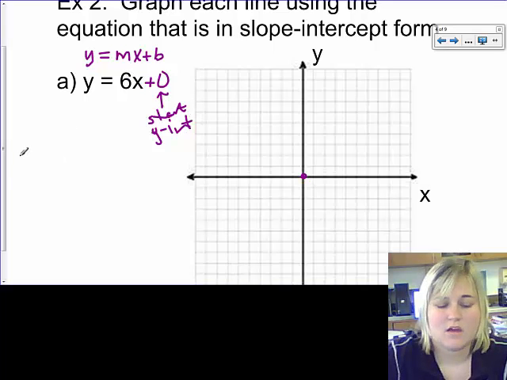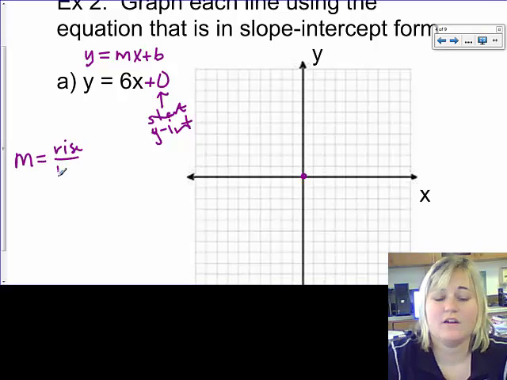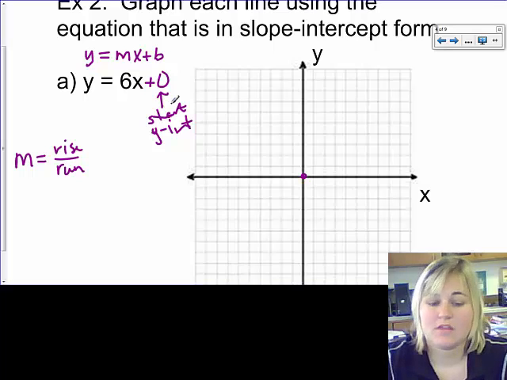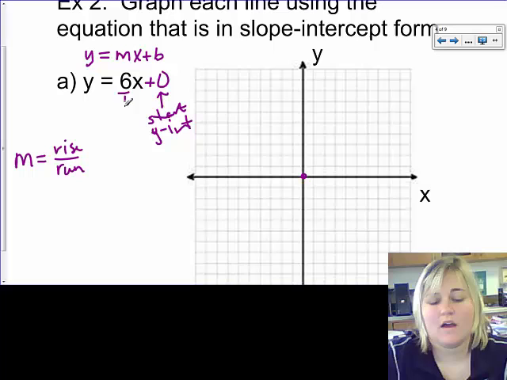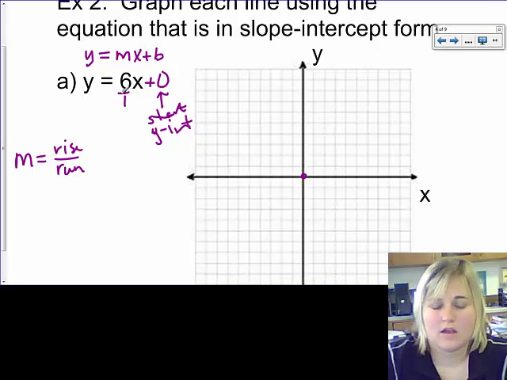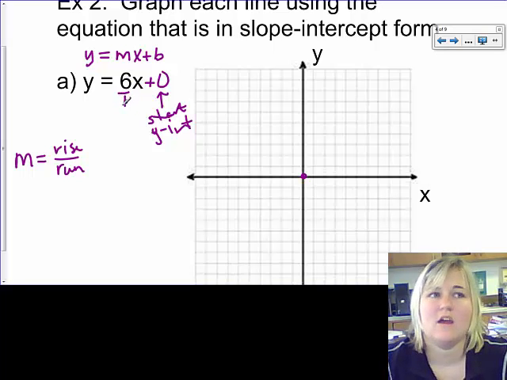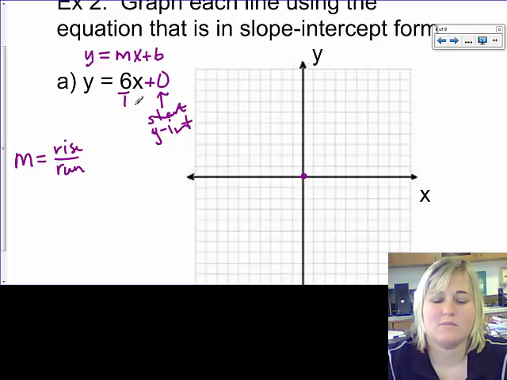Well, we know that slope, or m, is equal to rise over run. And currently, this isn't set up as a fraction. So how can I make 6 a fraction? I hope you're thinking that by putting it over 1, an understood 1, we know that any coefficient or any constant that is a whole number, we can make a fraction by putting it over that understood 1.